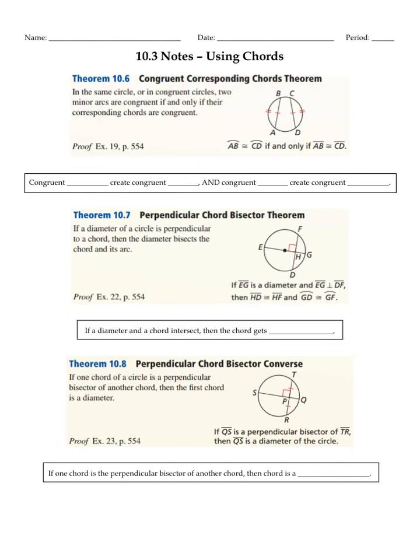The first one is the congruent corresponding chords theorem. This basically states that in the same circle or in two congruent circles, two minor arcs are congruent if and only if their corresponding chords are congruent.